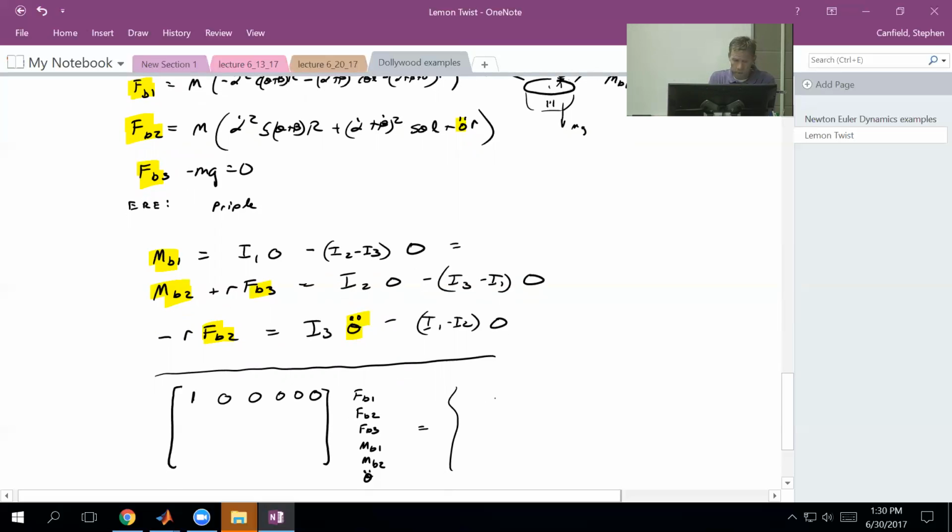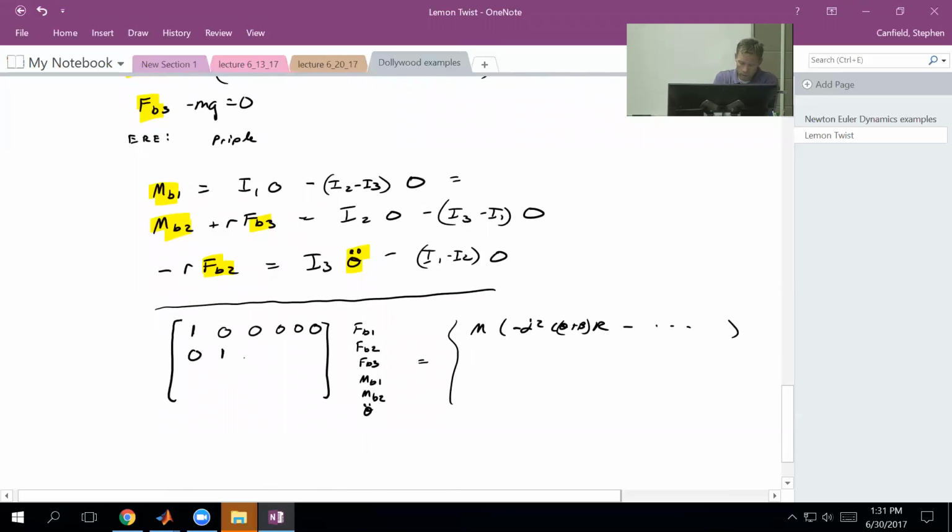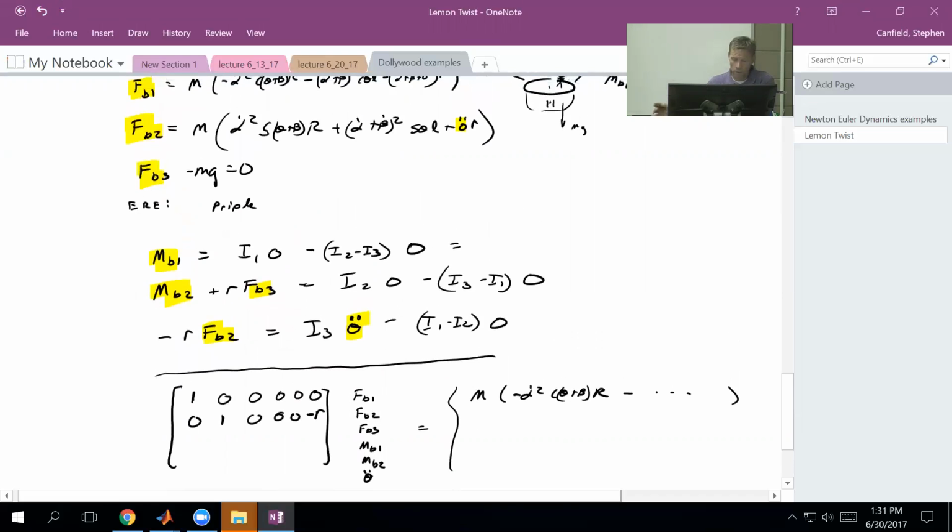And so that just equals all the stuff on the side: m times negative alpha dot squared cosine theta plus beta R, minus all that stuff. Second equation, I get an FB2 and I get a theta double dot R. So I get 0, 1, 0, 0, 0, negative R equals all the stuff that was on the right side: m times alpha dot squared sine theta plus beta R plus stuff.